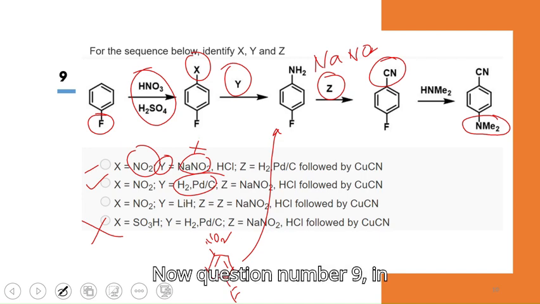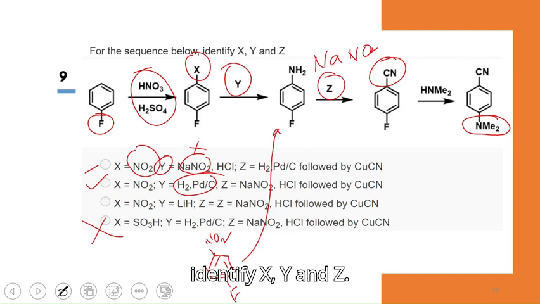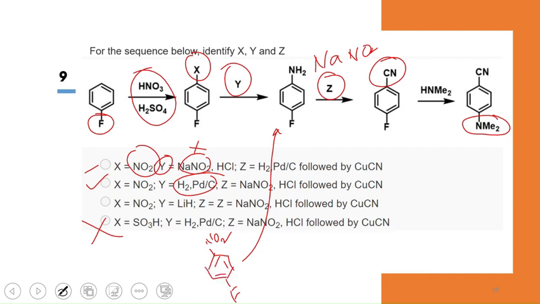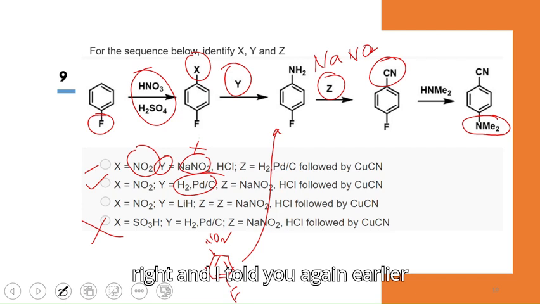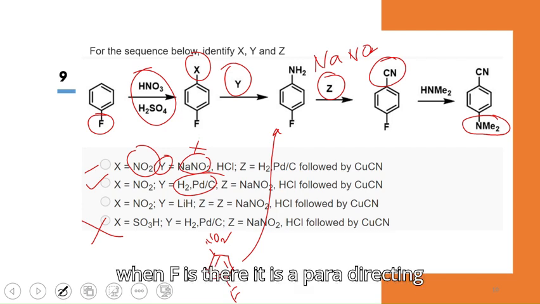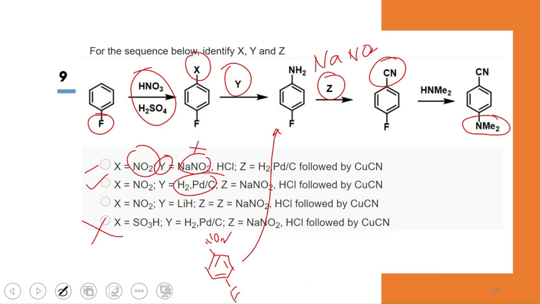Now question number 9. In question number 9, for the sequence below, identify X, Y and Z. Here X is a substituent present on the ring. And I told you earlier, when F is there, it is a para directing group for nucleophilic substitution reaction.